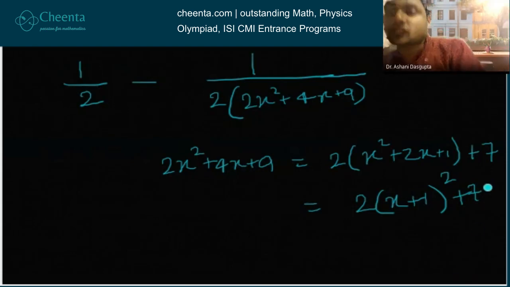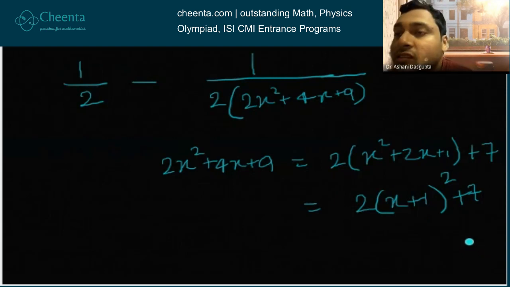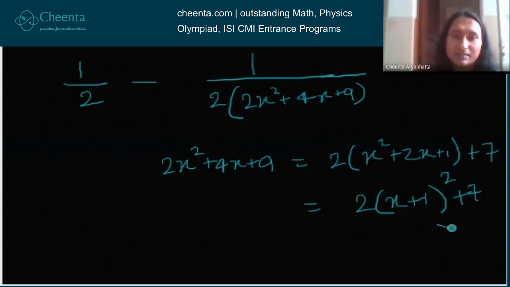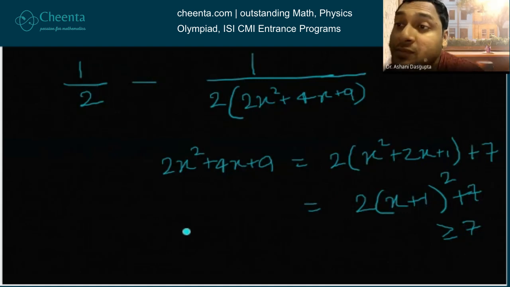This is always positive, because it's a perfect square times something positive plus something positive. In fact, the smallest it can go is 7, when x equals minus 1.